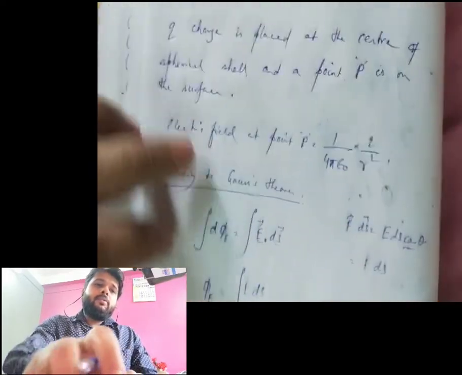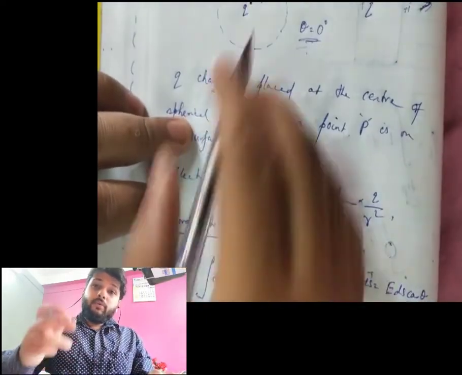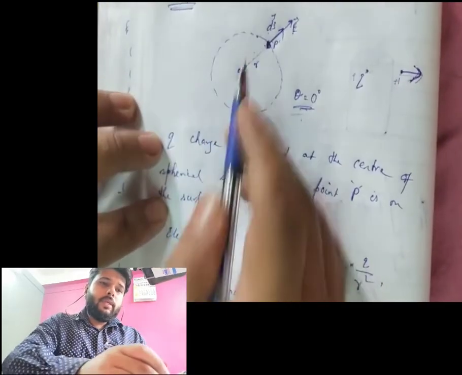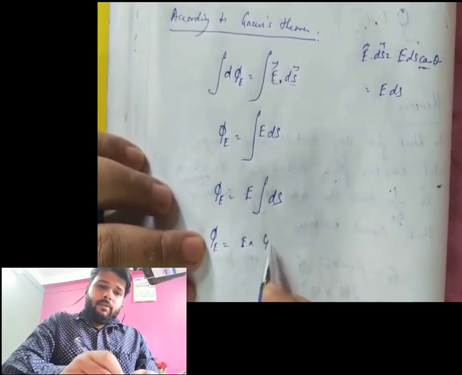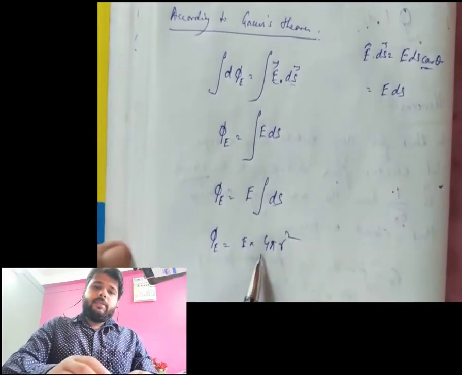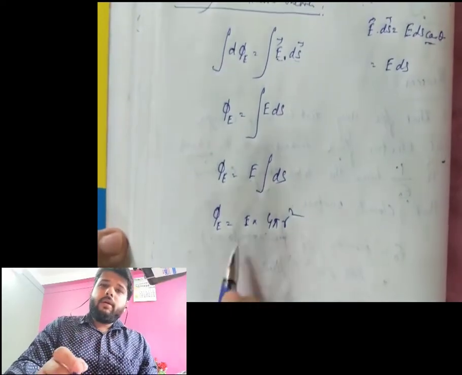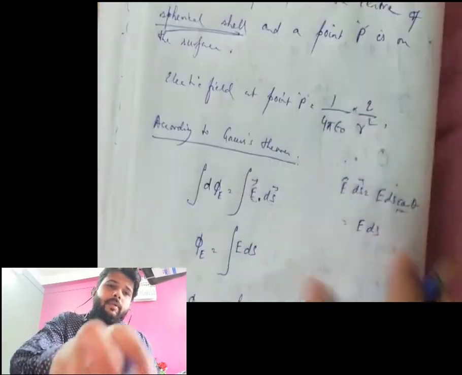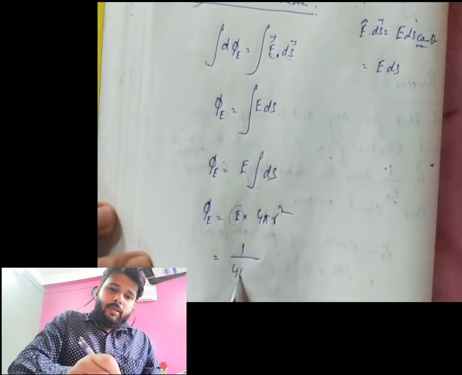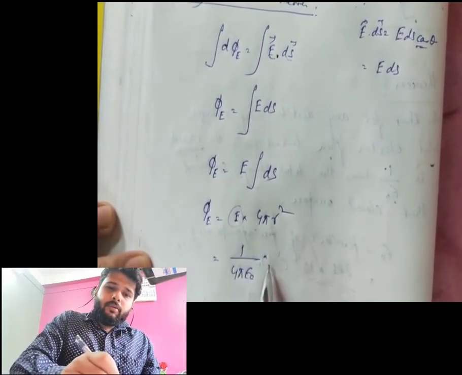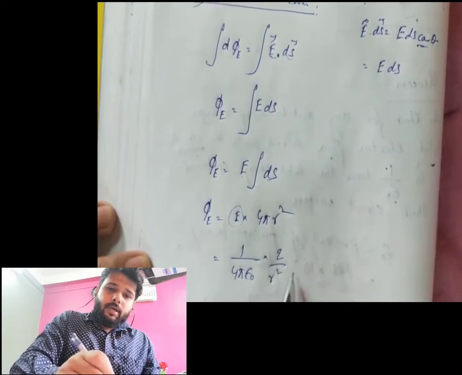Now phi E is equal to E times the integral of ds. So what is ds? The total surface area. The surface I have taken is a spherical shell, and the total surface area of a sphere is 4 pi r square. The electric field is 1 by 4 pi epsilon naught into q by r square.